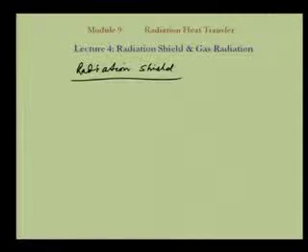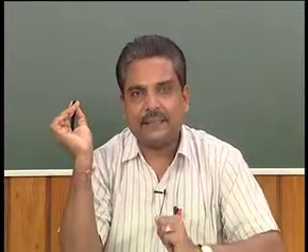Now, the point is, what is this radiation shield? A radiation shield is nothing but a barrier that is added between 2 or more surfaces that are involved in radiation heat exchange.